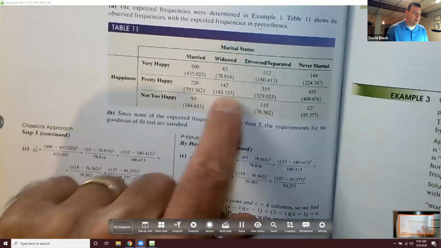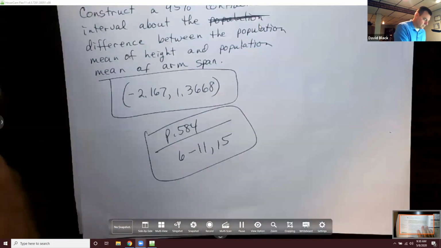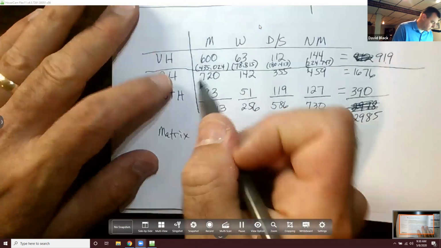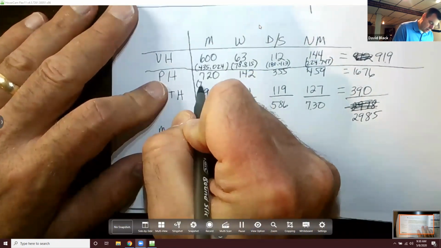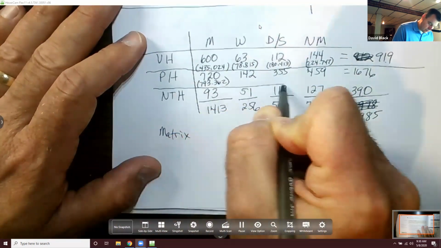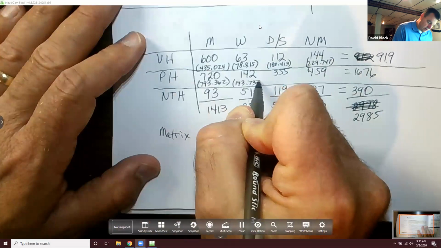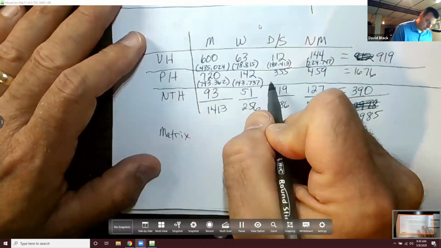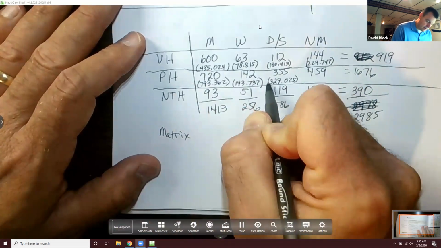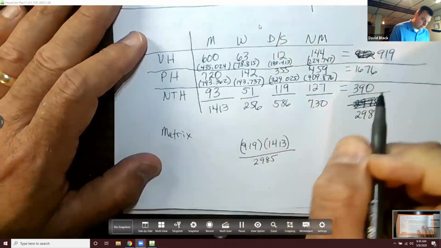So let's go ahead and write those numbers that were figured back into our table. For this one, it's 793.362. For this one, it's 143.737. 329.025. 409.876.